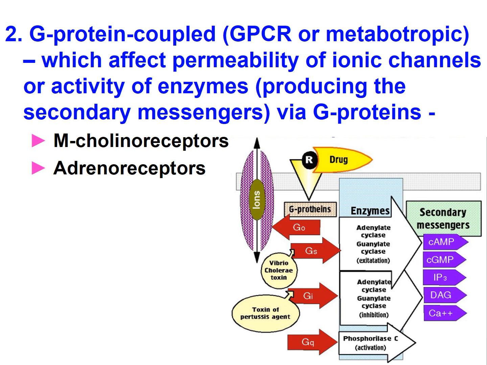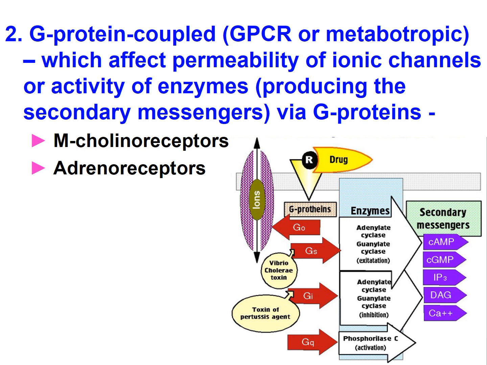These G proteins can be of several types. Most widely known are GS, or stimulatory G proteins, GI, or inhibitory G proteins, and GQ proteins.